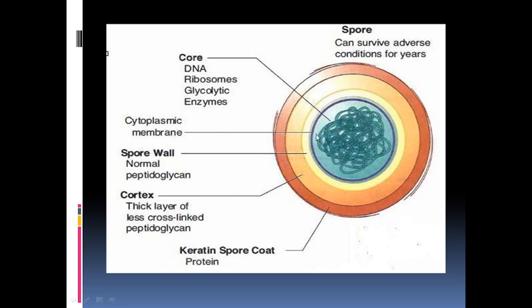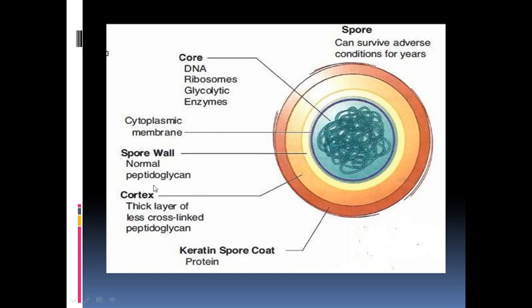See, the center of the bacterial spore is called the spore core, which contains DNA, ribosomes and glycolytic enzymes. This DNA is from the vegetative cell. It is surrounded by a layer called the cytoplasmic membrane, and the cytoplasmic membrane is surrounded by a spore wall, which is made up of normal peptidoglycan.